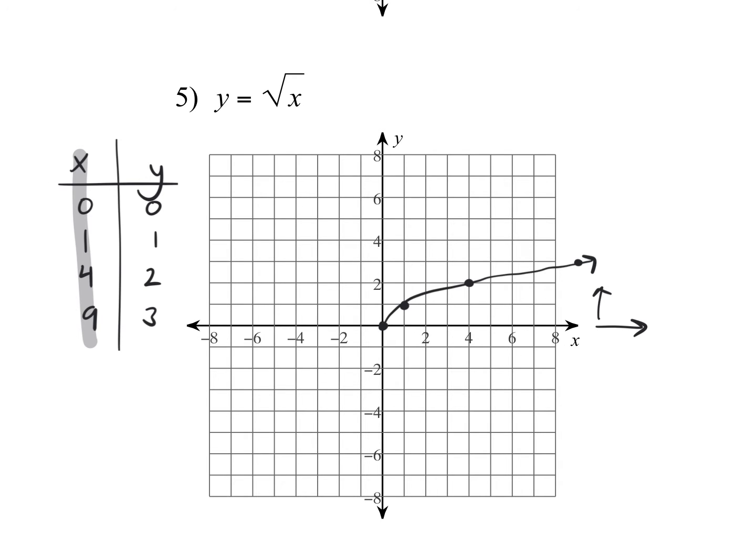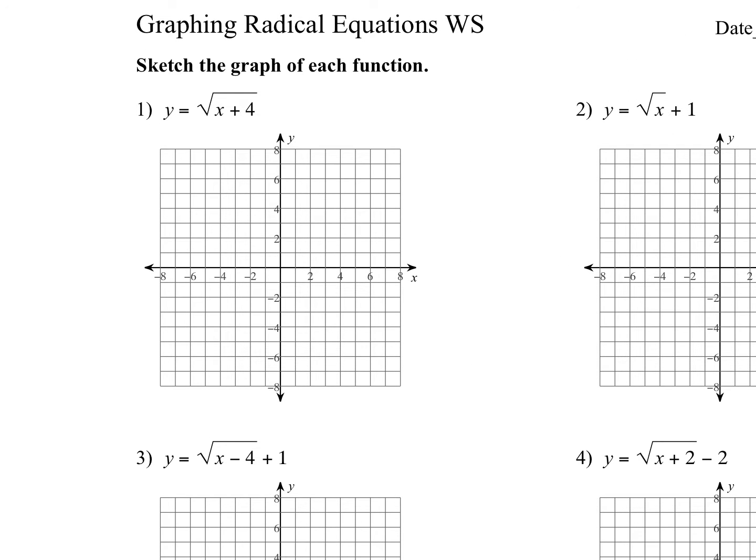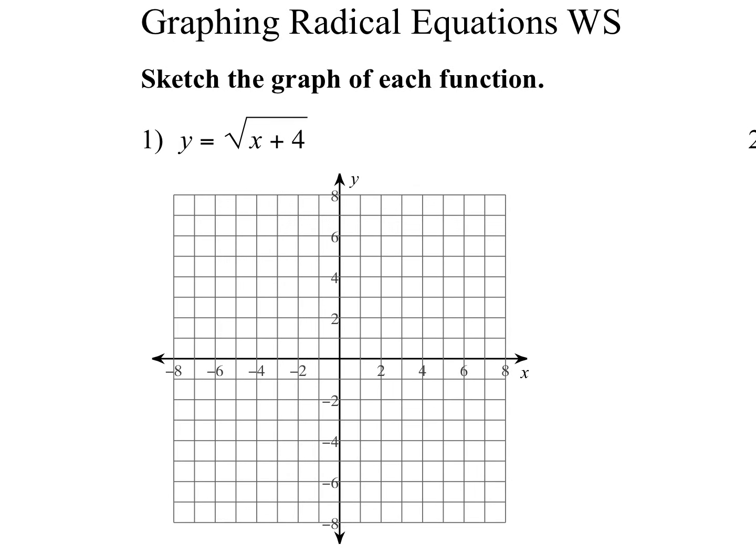Okay, so we're going to take these values of x, and those are going to be the values that we manipulate in order to plot our new square root function. So let's go back up to number 1. You have been taught transformations before, so anytime you have something with the x in parentheses, that's going to be a horizontal shift left or right, and it's always opposite of what you think. So this is actually going to be a horizontal shift left 4.